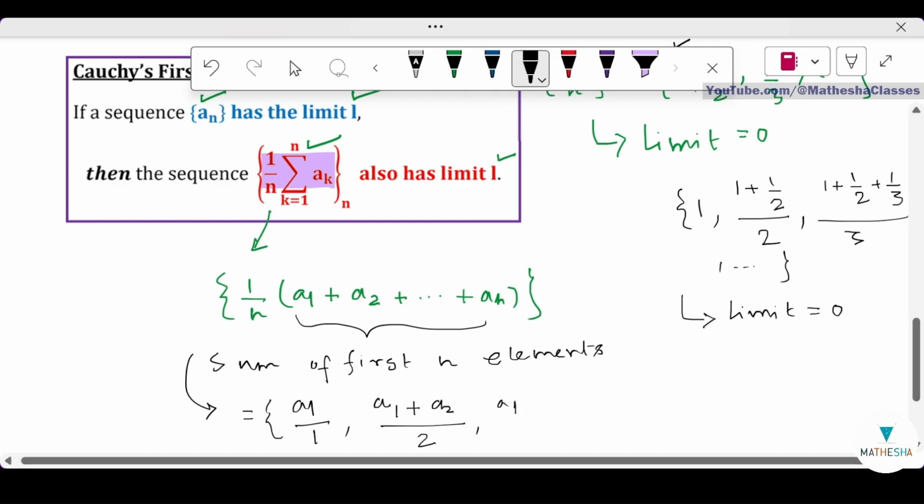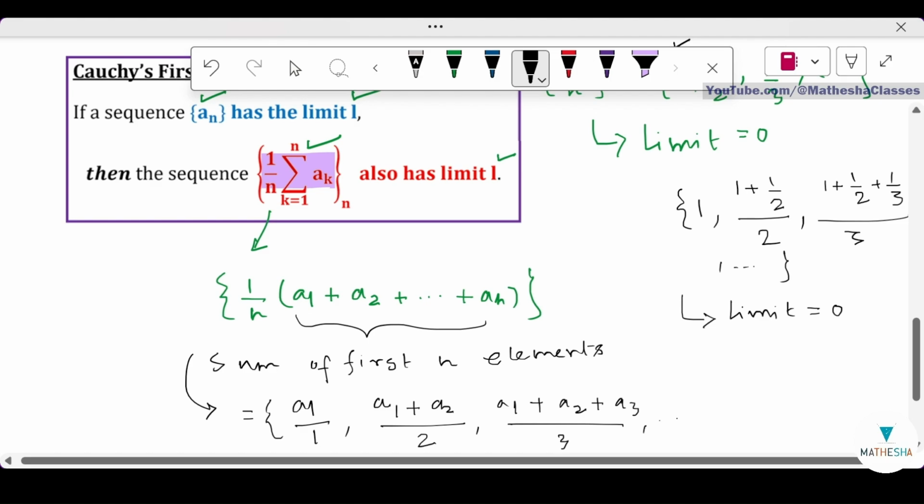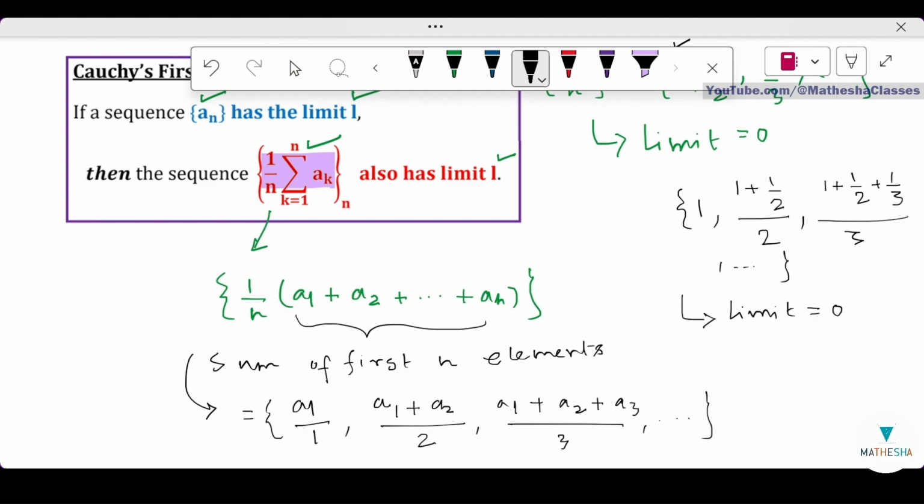Third is (a1 plus a2 plus a3) by 3 and so on. एंड अगर आपका ओरिजिनल सीक्वेंस an का लिमिट L है तो इसका लिमिट भी L ही होगा.